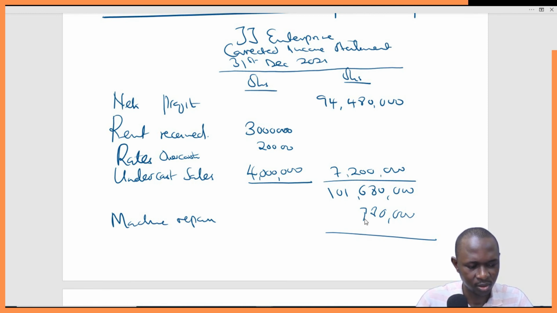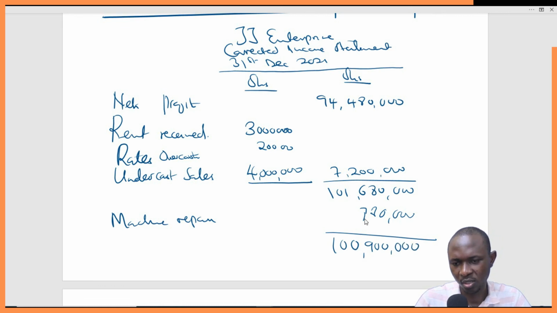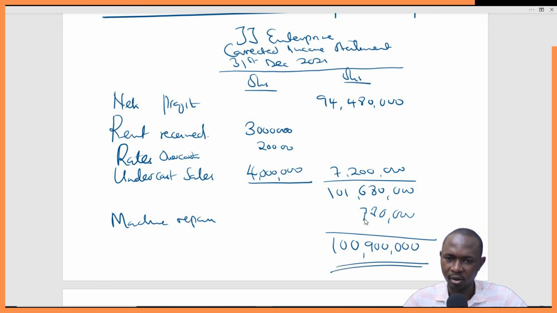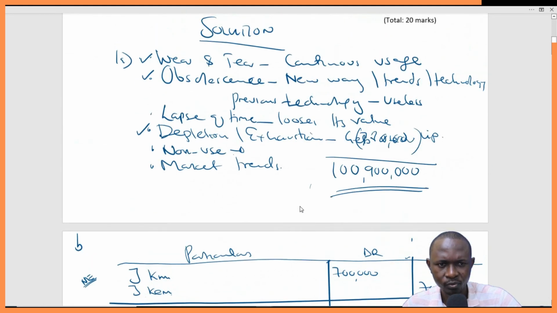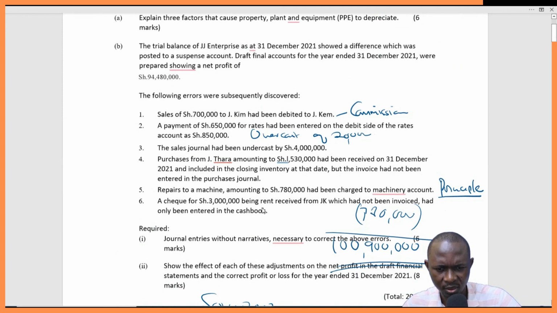That gives us 100,900,000. That will be our new profit. Let's just compare to be sure. Yeah, 780,000 charge to machinery.